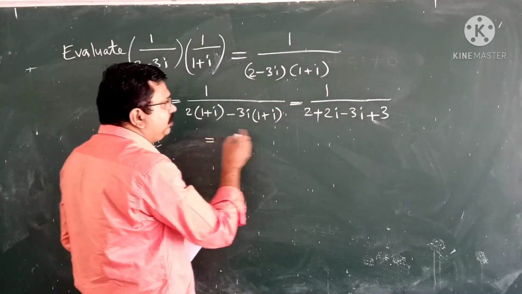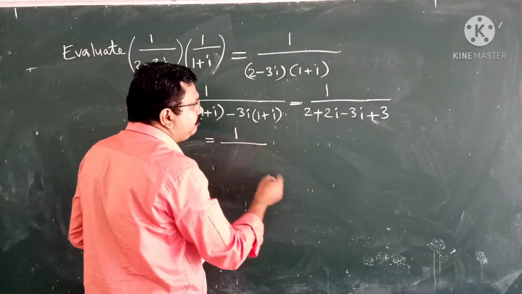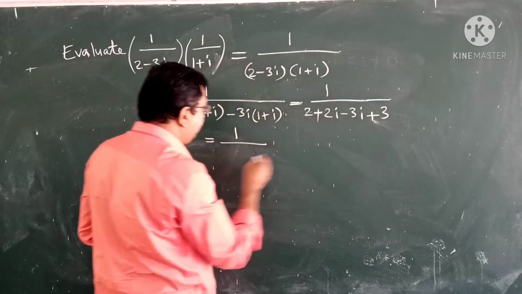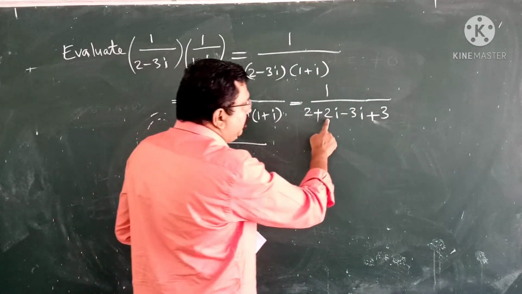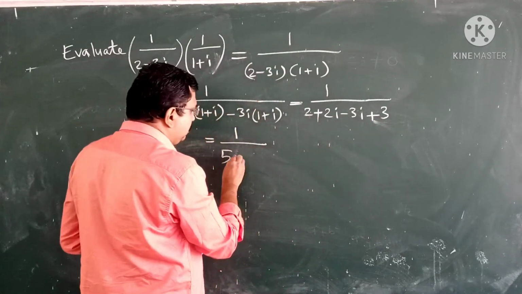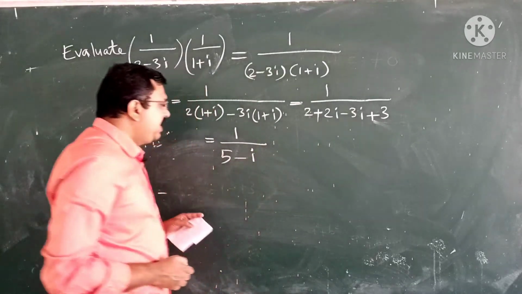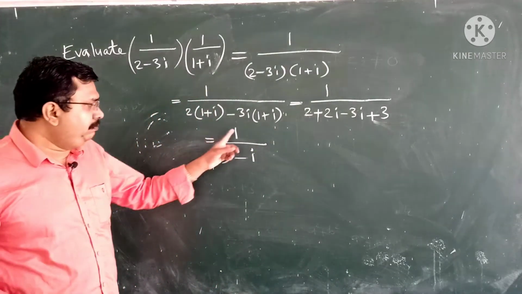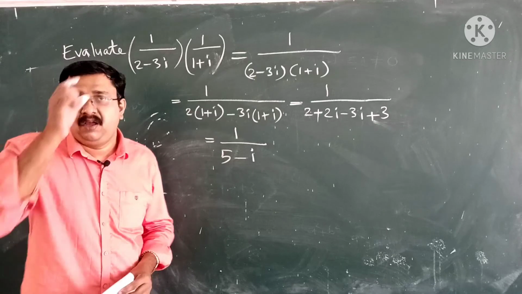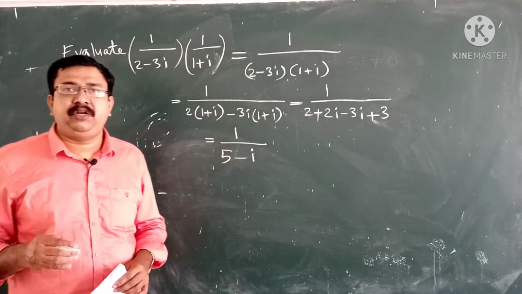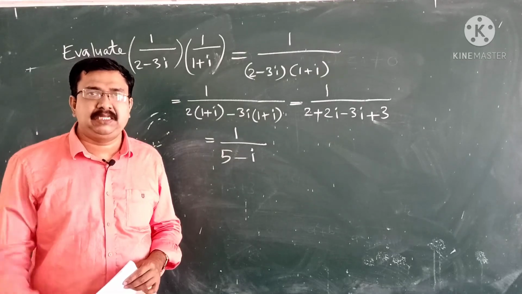Therefore, this is equal to 1 by: 2 plus 3 is 5, 2i minus 3i is minus i. Therefore, we get 1 by (5 minus i). But we want to convert this into the form a plus ib.